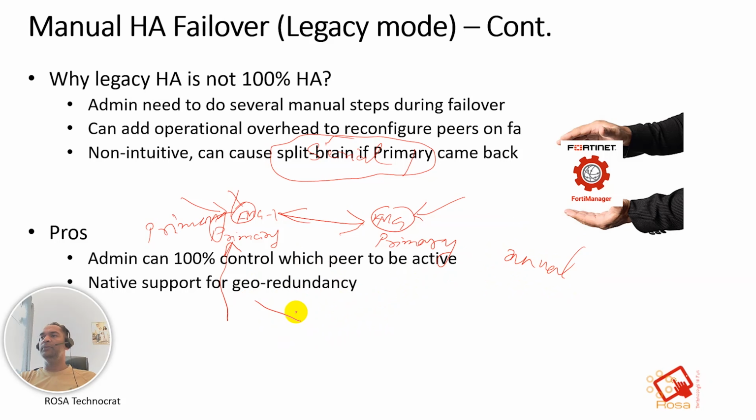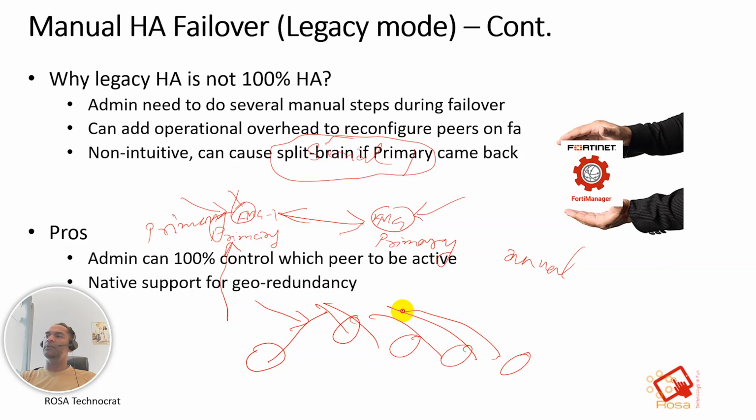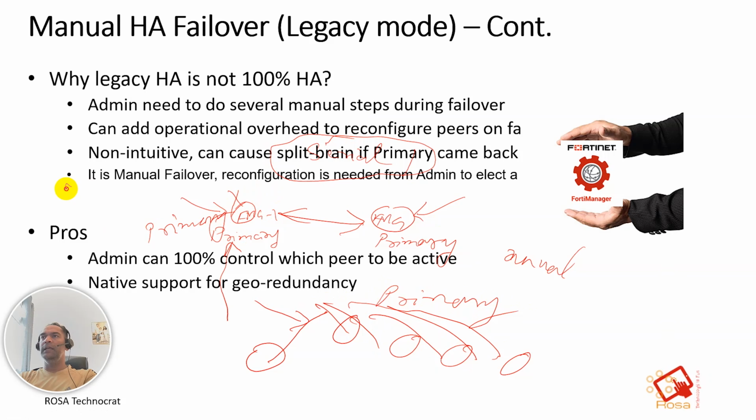And there is native support for geo redundancy, because anywhere there are multiple boxes, we can have redundancy between all of them pointing towards the primary. So this is how the failover works on FortiManager using the manual method. It is a manual failover. Reconfiguration is needed from the admin to elect a primary.